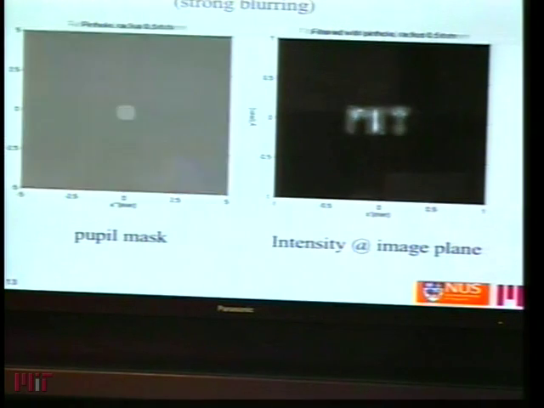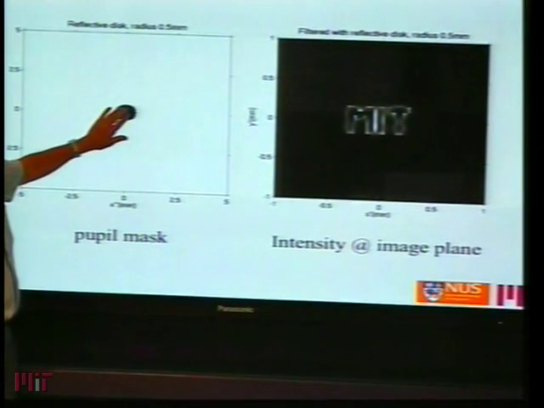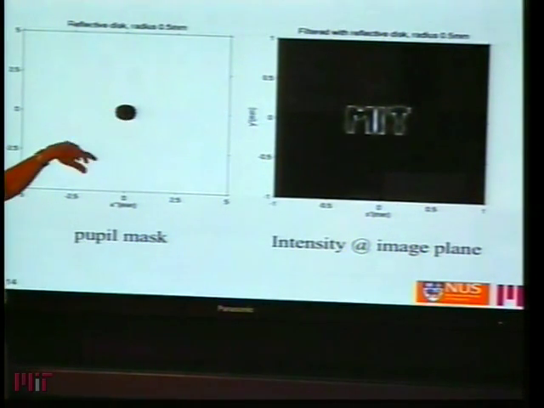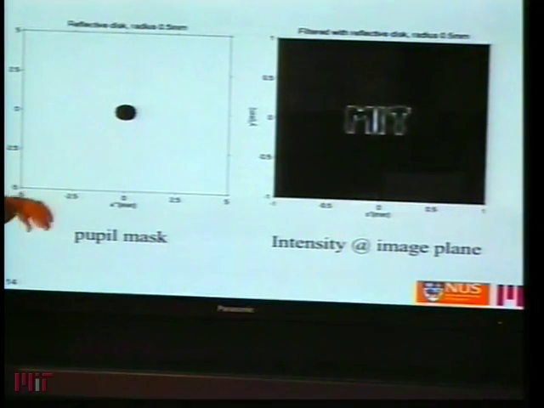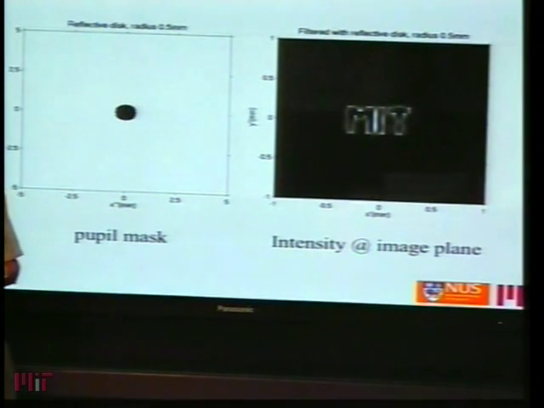Okay, then let's try doing some other funny things. So this one is a high-pass filter. What we're doing here is blocking out this central part and letting through all the other frequencies. Now, there's one other thing that we ought to mention here, which is that these calculations are done using FFTs, right? So we're actually working on a field of a certain size when we calculate the FFT.